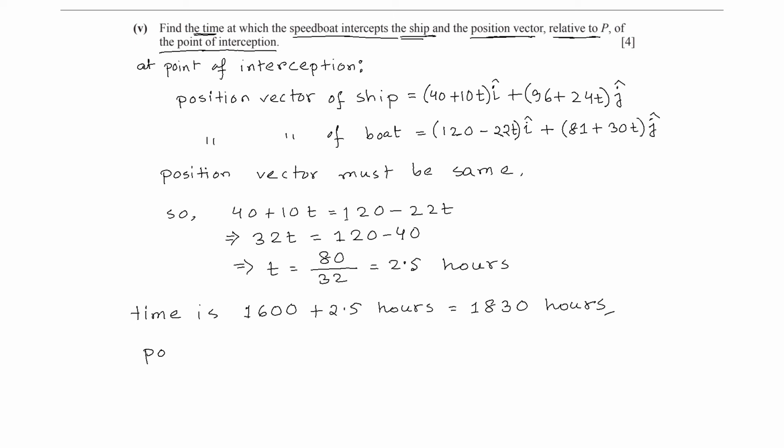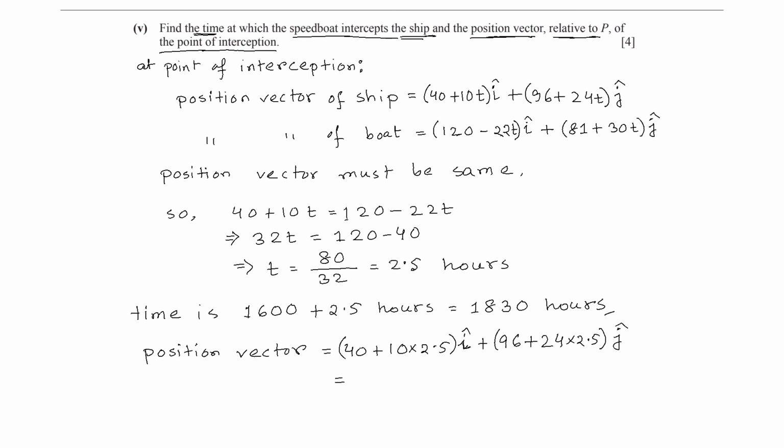Now we need to find the position vector of the point of interception. So we are going to use t equals 2.5. The position vector will be equal to (40 plus 10 times 2.5)i plus (96 plus 24 times 2.5)j.